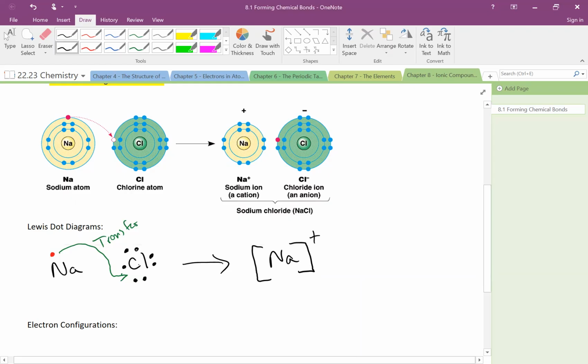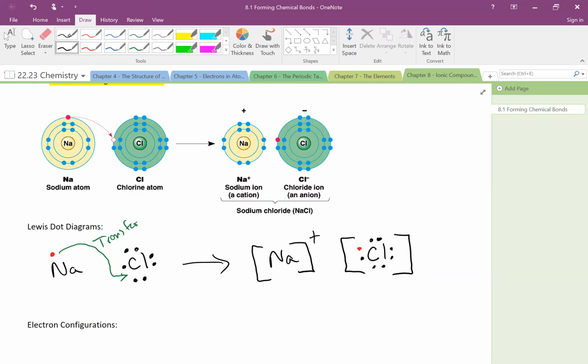Now let's draw our chlorine. So again, it's going to be an ion, so I'm going to have those square brackets and Cl for chlorine. Now, chlorine was gaining electrons. So it has its 7 original valence electrons, plus it has the valence electron from sodium also on it. So we can see in this example, we also have a stable octet. And of course, we get the -1 charge.